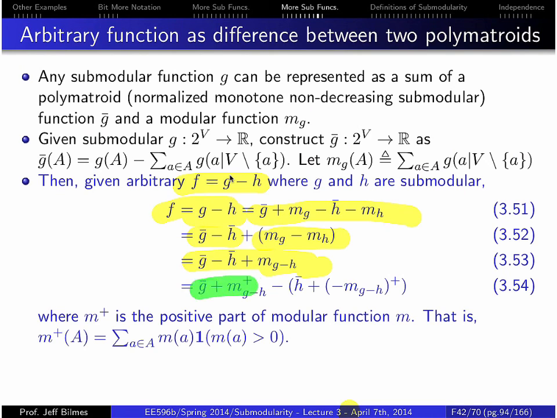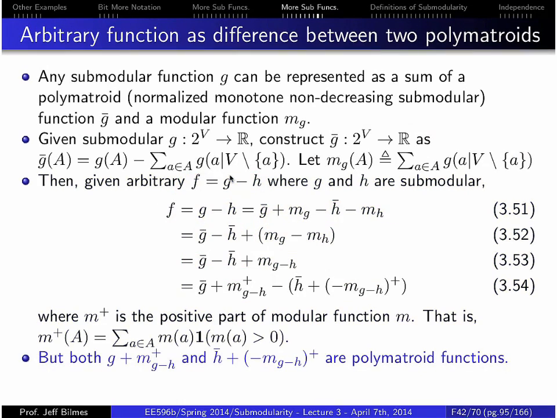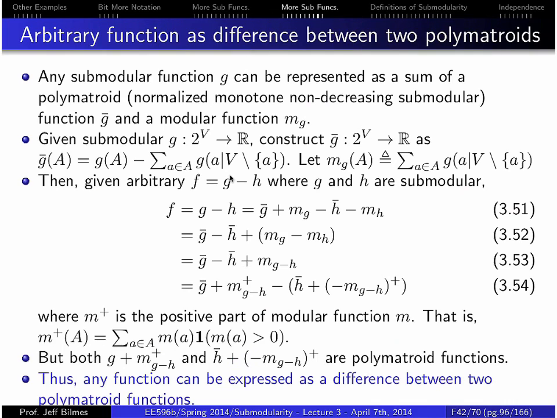We've got a polymatroid function there, and a polymatroid function there. So therefore, any function can be expressed as the difference between two monotone non-decreasing submodular functions. It's very interesting.